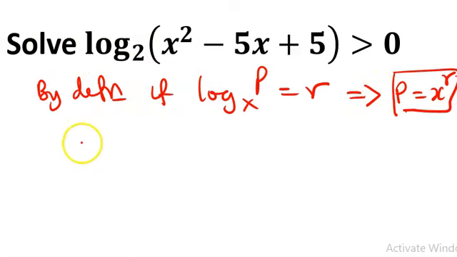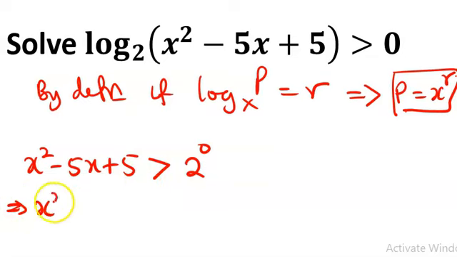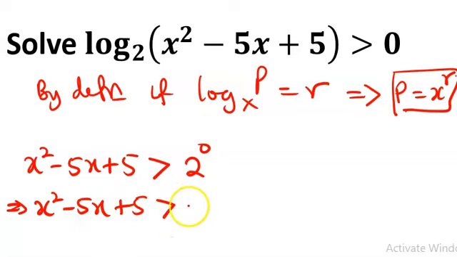From the equation above, we can say that x squared minus 5x plus 5 is greater than 2 raised to the power 0. Now, any number raised to the power 0 is equal to 1. So we are going to have x squared minus 5x plus 5 greater than 1.